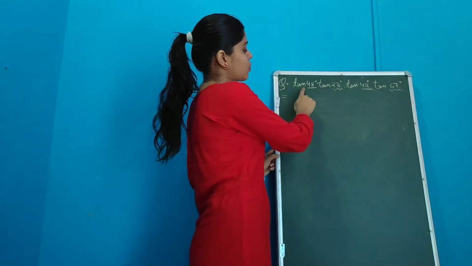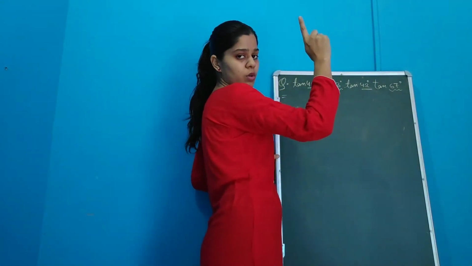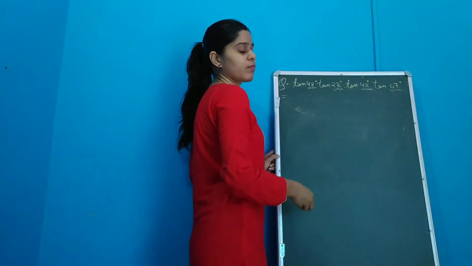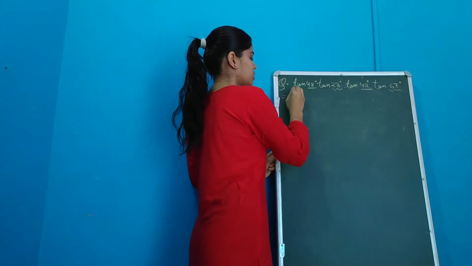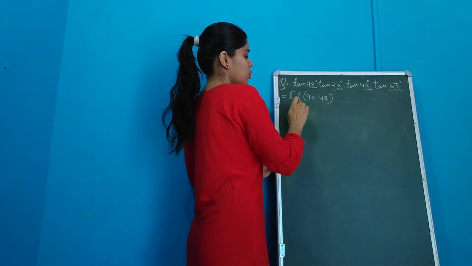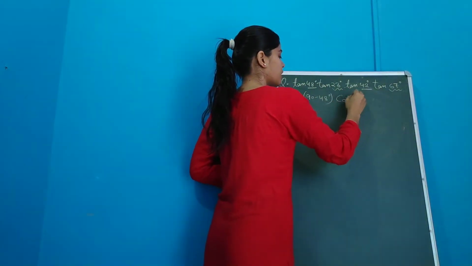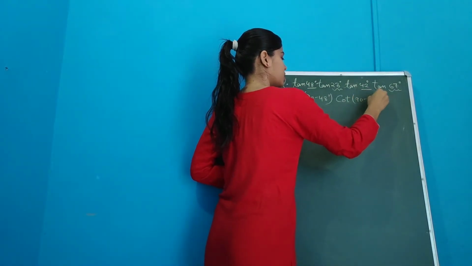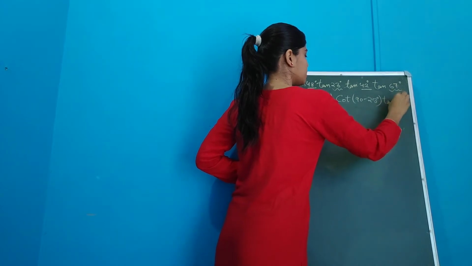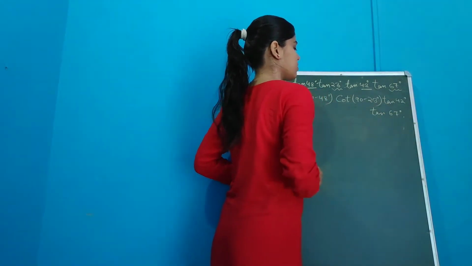So I will convert one of the first and third, and one of the second and fourth. Okay, so I am going to convert the first one and the second one. Now tangent 48 can be written as cot of 90 minus 48, and tangent 23 as cot of 90 minus 23, then tangent 42 degrees multiplied by tangent of 67 degrees.